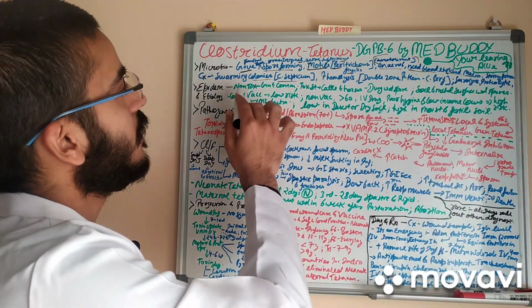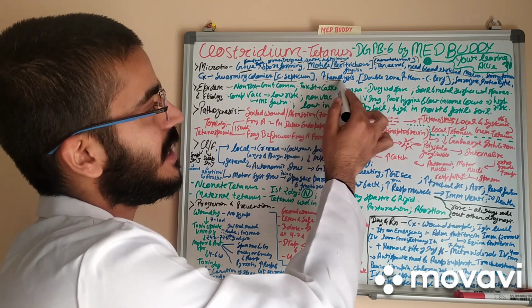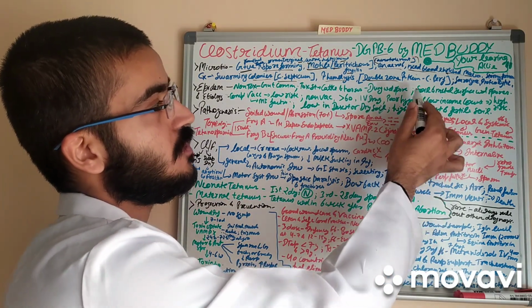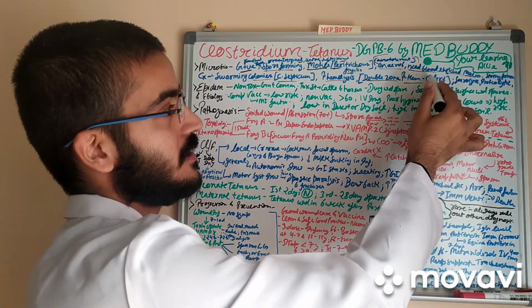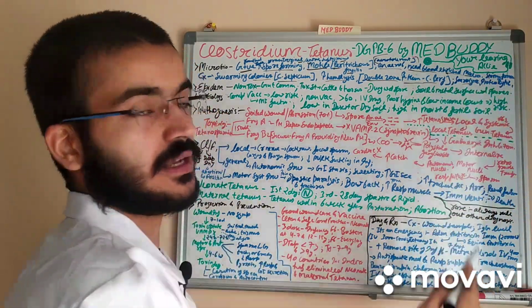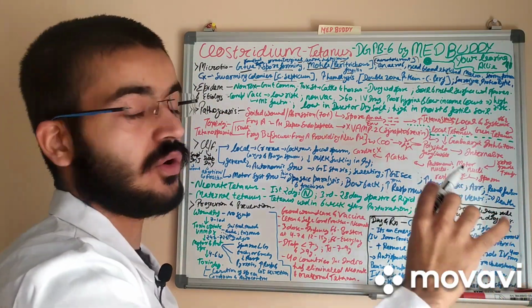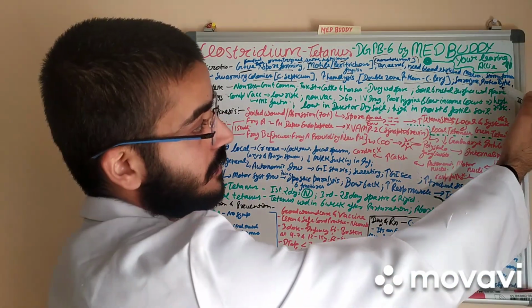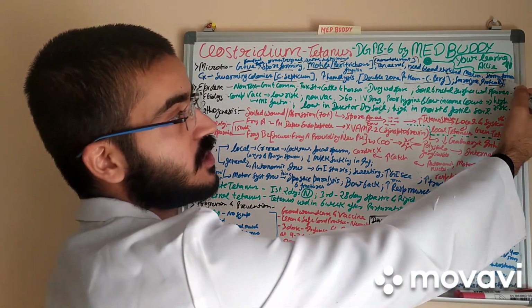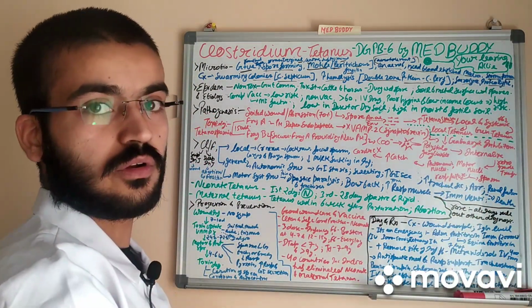They cause beta hemolysis, and the special hemolysis, that is double zone beta hemolysis, is caused by Clostridium perfringens. They are saccharolytic, which means they can ferment all kinds of sugars. They are proteolytic. How do we know that? Because they form stormy clot on milk.